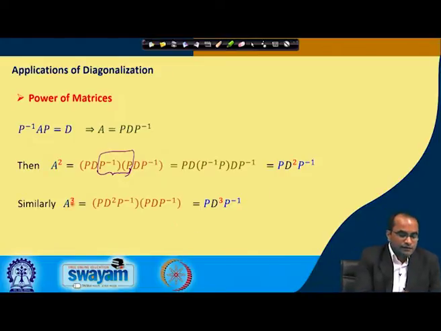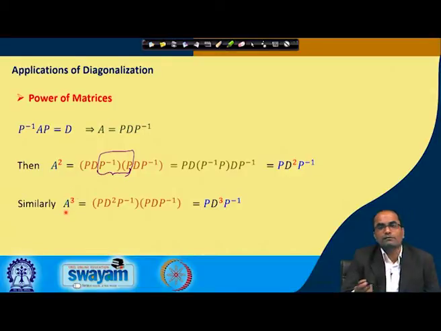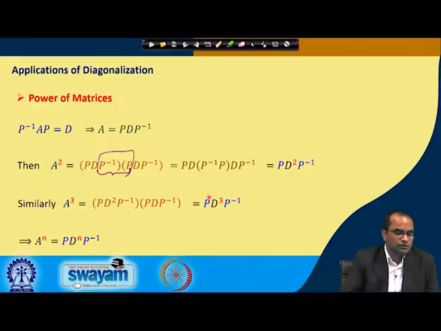We can see out of these calculations that A power n is also just P D power n P inverse. So, in general we can prove that A power n is nothing but P D power n P inverse.